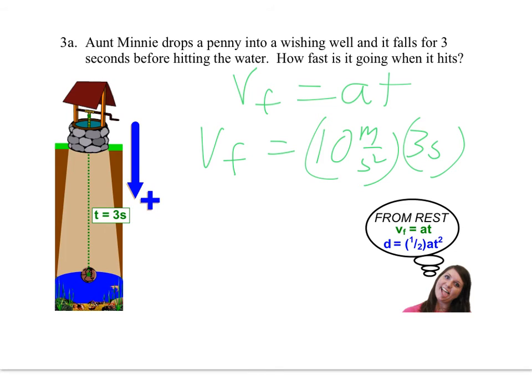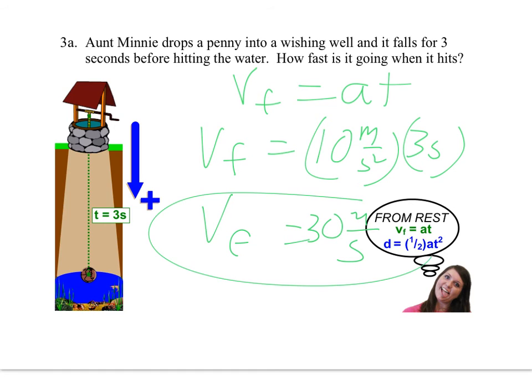So now I'm plugging in gravity as a positive value because we're told to use down as positive, so if it tells us to use it, we've got to use it. So VF is equal to 10 meters per second squared times 3 seconds, that is just 30 meters per second.